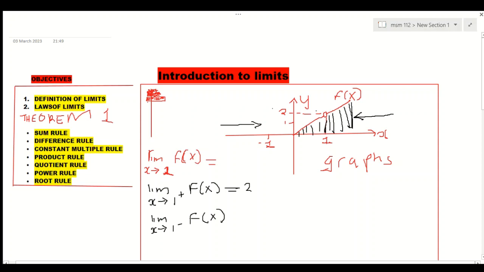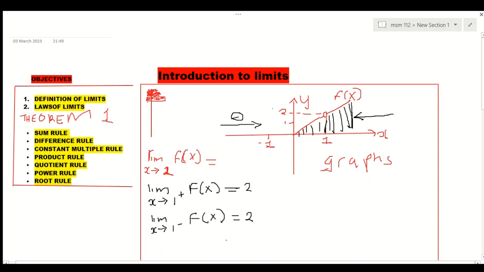So what is the y value when this limit approaches 1? The limit is the y value. I'm sorry. What is the limit when x approaches 1? So again, the y value at 1 is 2. So this is equal to 2.